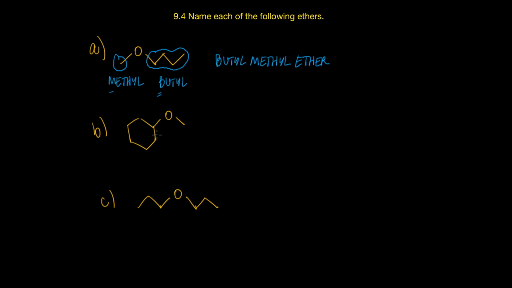Now, for this compound, let's pretend it's a more complex substituent. So rather than naming this as a cyclohexyl group and a methyl group, let's name this whole thing as a substituent of a more complex molecule. So the parent chain here is cyclohexane.